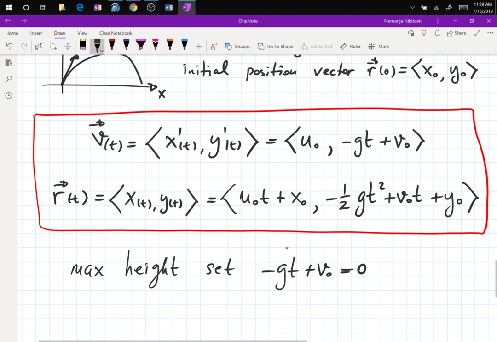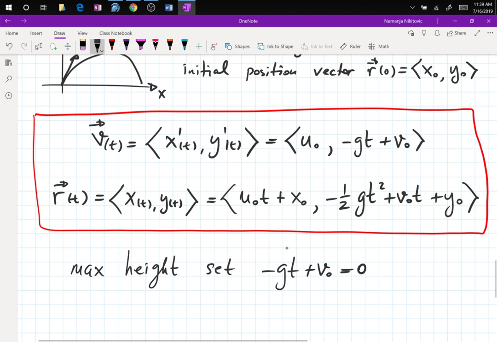Well, the first derivative of position is velocity. If you are looking for the vertical maximum, that will happen when the velocity y component is equal to 0. Why? Well, velocity is equal to 0 at the maximum because the object stops to change its direction to come down.